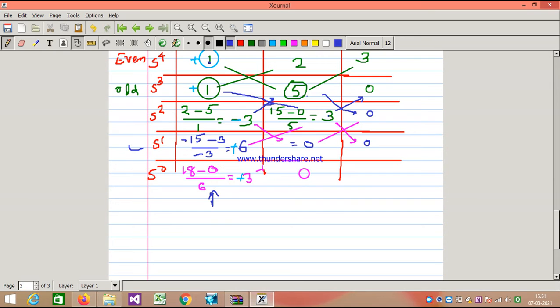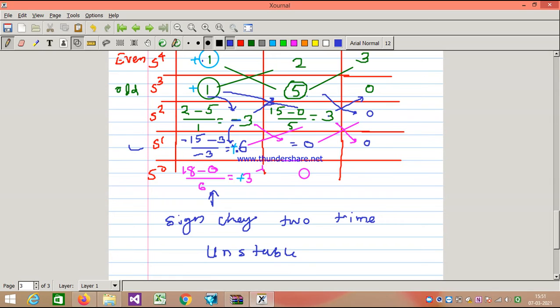In the first column, both are positive, then negative, then positive, then positive. So your sign changes two times, from positive to negative and negative to positive. That's why the system is called an unstable system, because there is a sign change, and this type is called case 1.